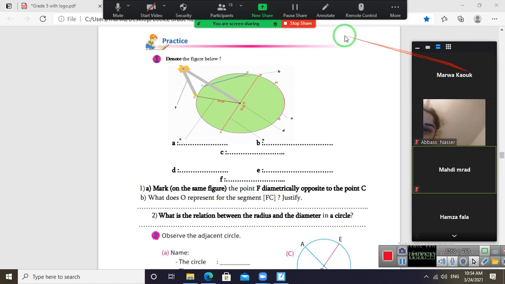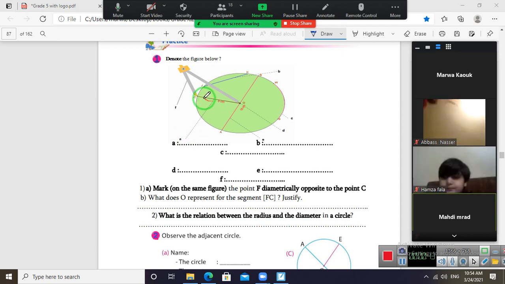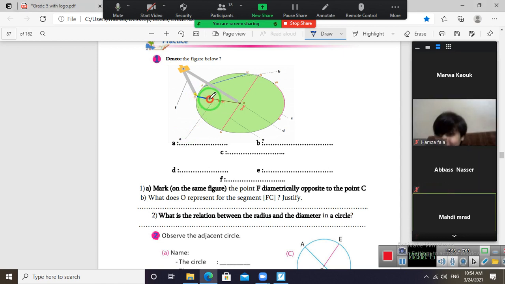Now, denote the figure. So A, as you see, the segment comes here. OC. Shafiq Isa, what is OC in the circle? What do we call the OC? Center and a point on the circle. Yes, Shafiq.